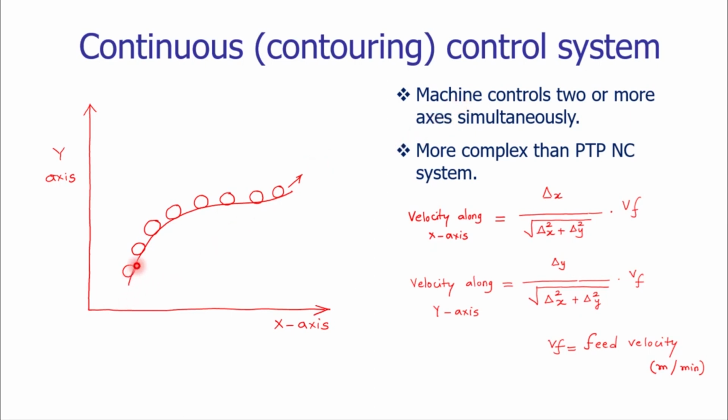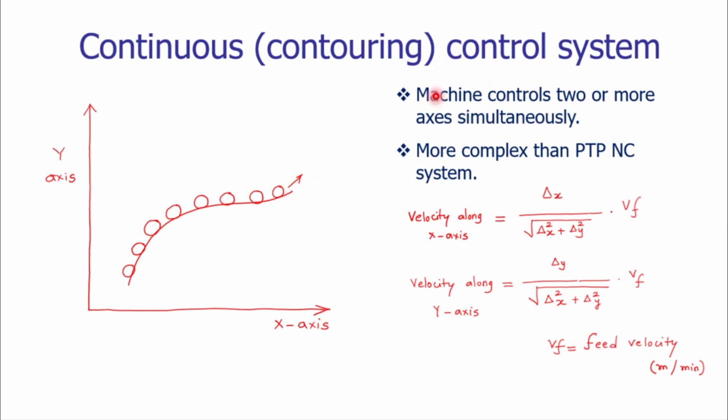On your screen you can see there is a curve, and we need to manufacture this type of contour on the CNC milling operation. To have such a curvilinear motion, we need to control two or more axes simultaneously.